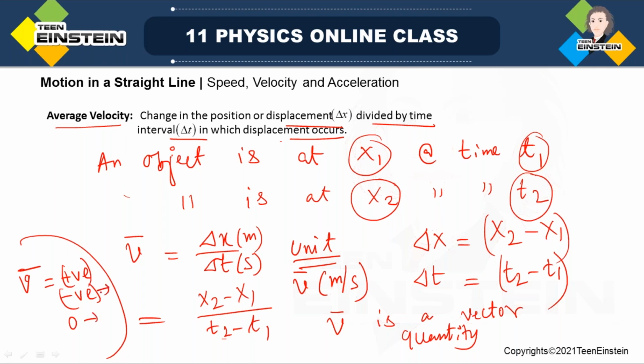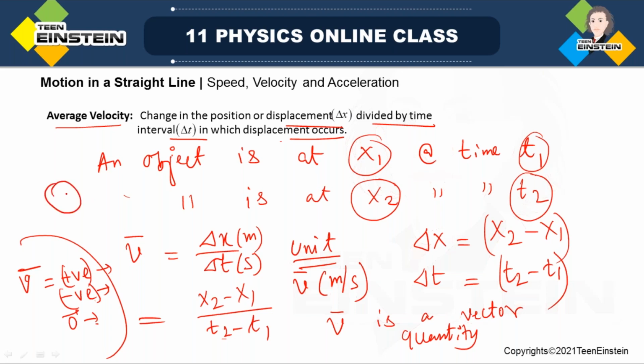A vector quantity can be zero, which means a null vector, or it can be a negative vector, or a positive vector. This depends on displacement, because displacement can be positive, negative, or even zero.